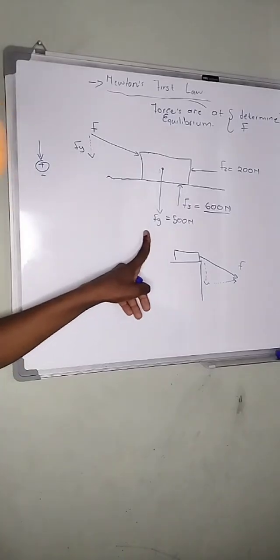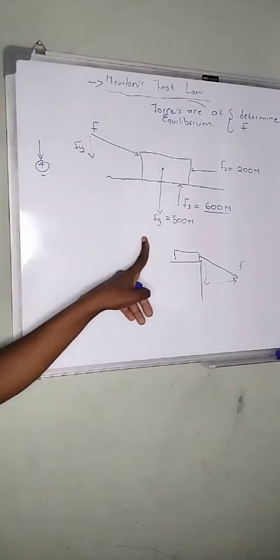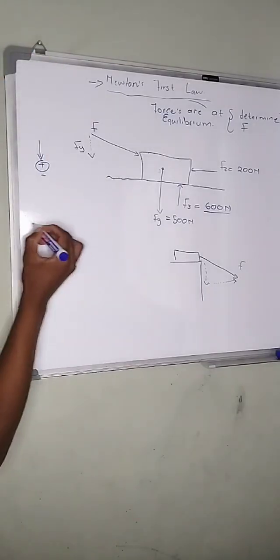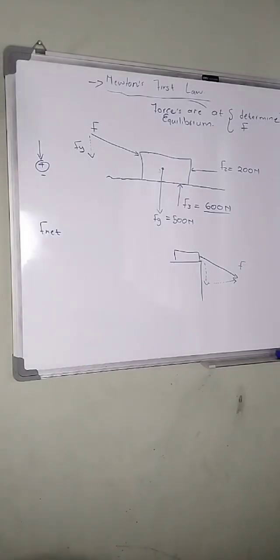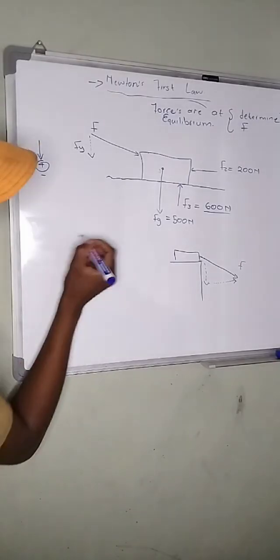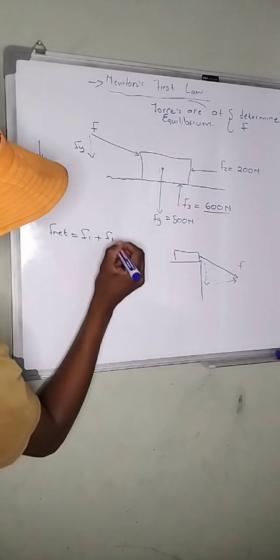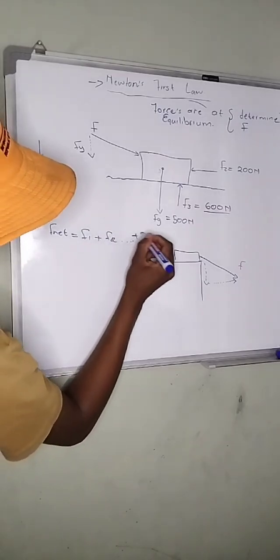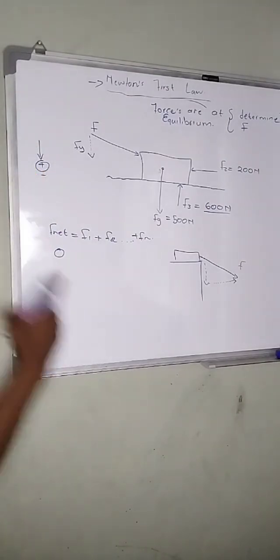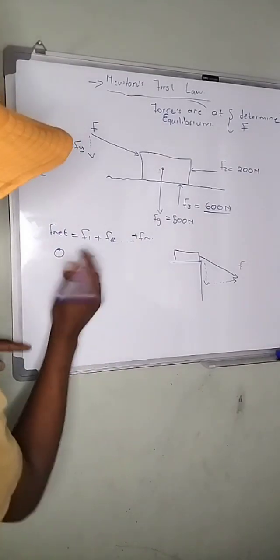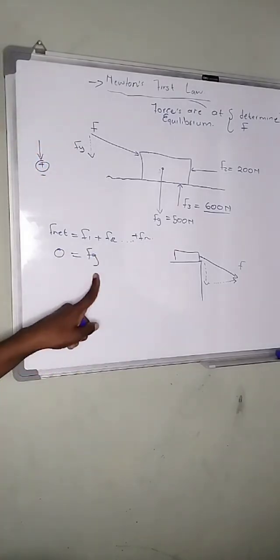My F net is going to be F1 plus F2 plus Fn, but at the same time 0. I'm going to have my Fg to be positive.